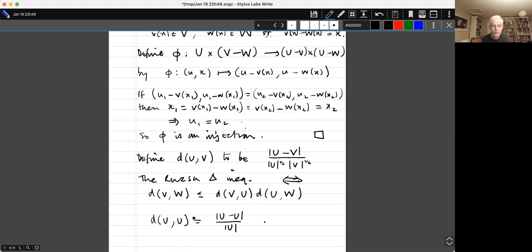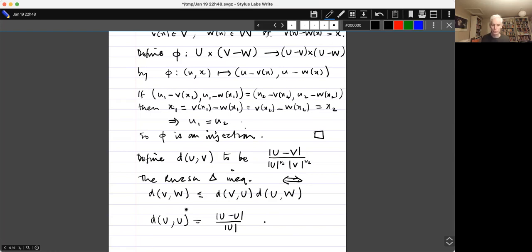So the distance from a set to itself is sort of measuring how additively closed that set is, and the difference between two sets is saying something about how the additive structure of the two sets relates. So the triangle inequality then is saying that if V and W are both in some sense additively close to U, then they must be additively close to each other.